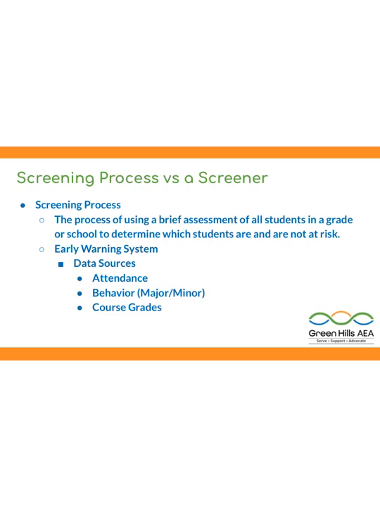Looking a little bit deeper, let's discuss the difference between the screening process and a screener. A screener is an assessment that's used within a screening process. The screening process itself can be a brief assessment, such as a screener, where all students in a grade or a school are assessed to determine which students are and are not at risk.